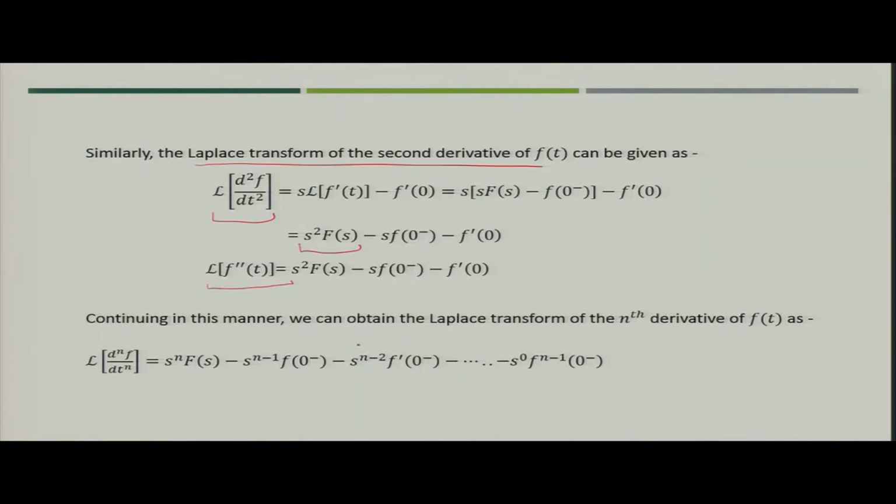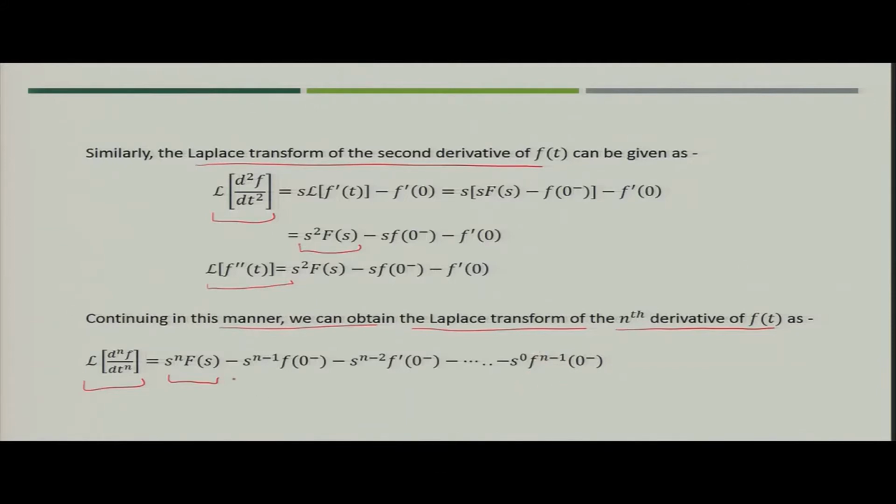If you continue in this manner, you can create a more generic Laplace transform, that is for the nth derivative of f(t), which you can write as Laplace of dnf by dtn is nothing but equal to s to the power n into F(s) minus s to the power n minus 1, the value of function at 0, minus s to the power n minus 2, the value of the first derivative at 0, and so on up to the value of the derivative n minus 1 at 0.